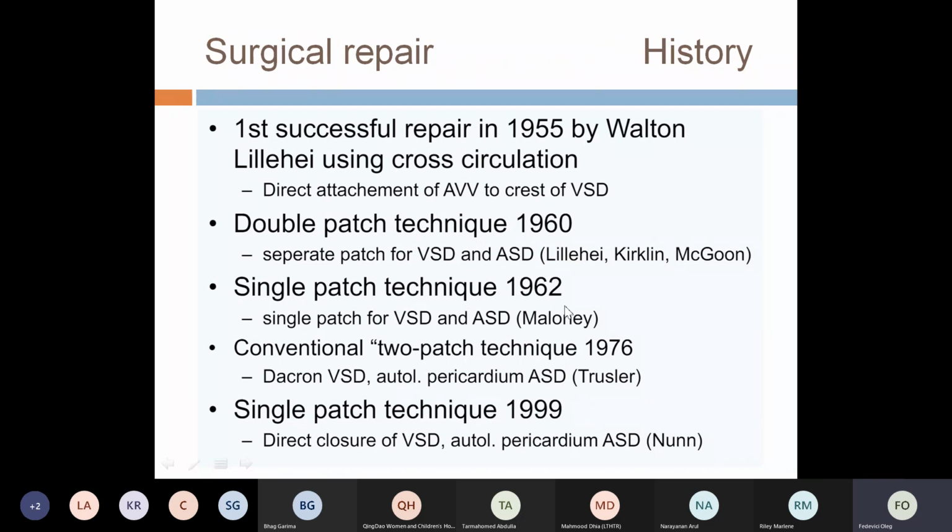The single patch was developed by Maloney 2 years later, and he used one patch. We will go through that later for ASD and VSD. The conventional repair that we use now was developed back in 1976 by Trusler, and the single patch modification technique was developed by Nunn in 1999.